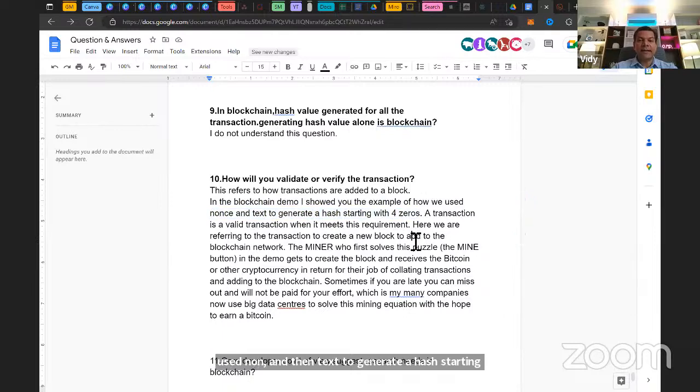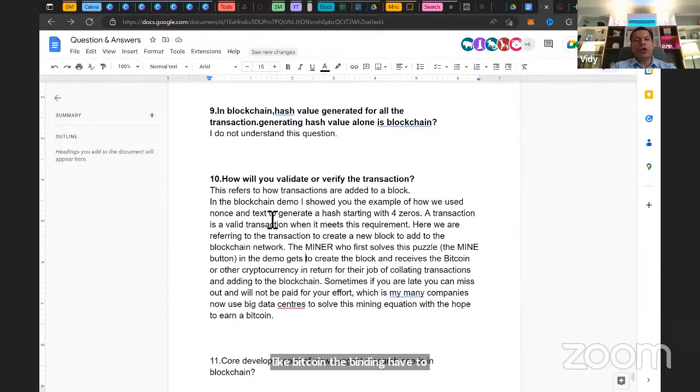So that was a criteria. A transaction is valid when it meets this requirement. Hence, we are referring to the transaction to create a new block and to add the block to the blockchain network. So in the case of, say, Bitcoin, the miner has to solve a problem like this, right?